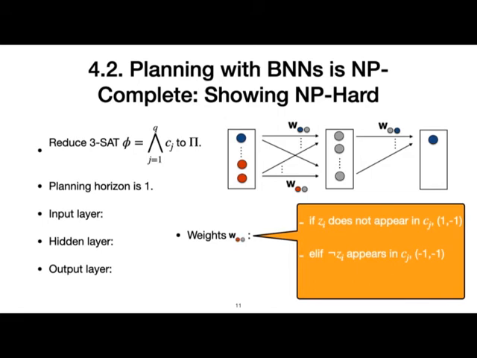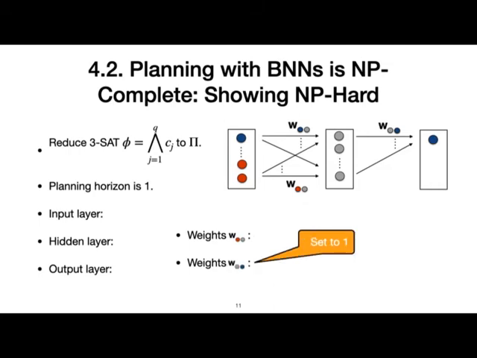Else if the negation of Boolean variable Zi appears in clause Cj, we set the weights equal to -1. And finally, otherwise, the weights are set to 1.